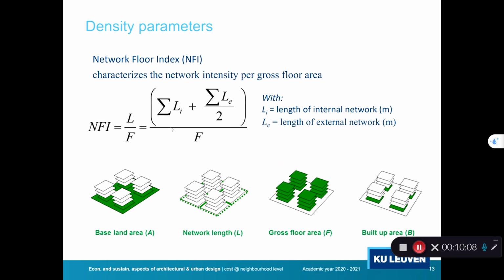So it's rather a link between which infrastructure is needed and how many people or how many square meters of floor area is served by this infrastructure. So it's the length of the internal and external network divided by the floor area. And for the external network, only half of the length is accounted for to allocate part of it to the neighboring neighborhoods.